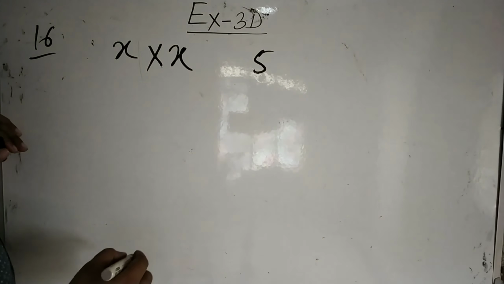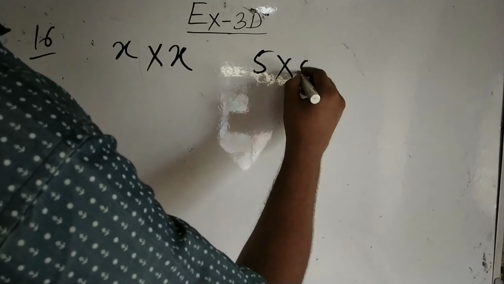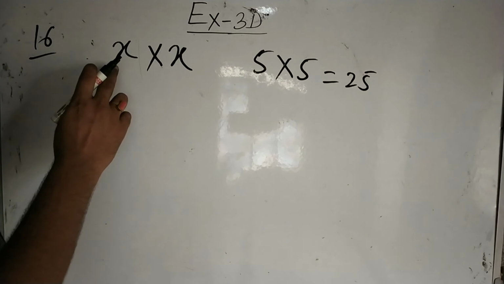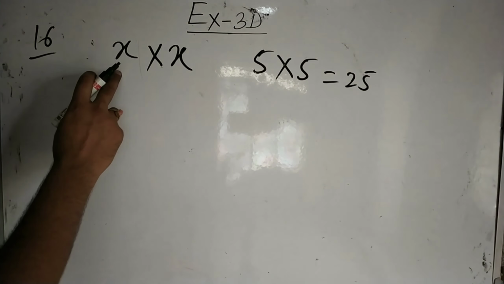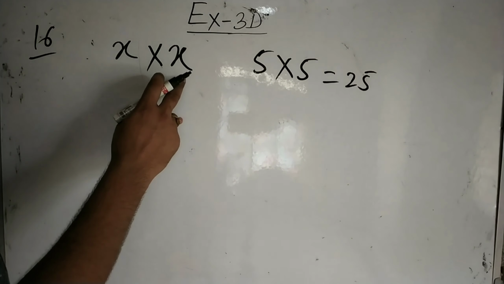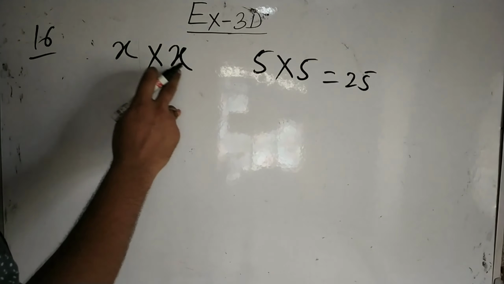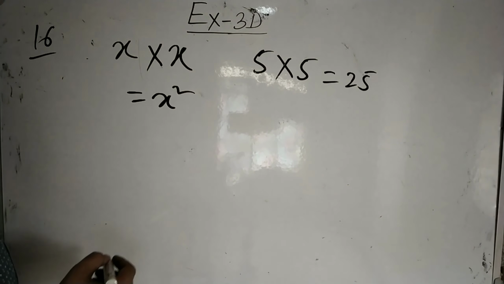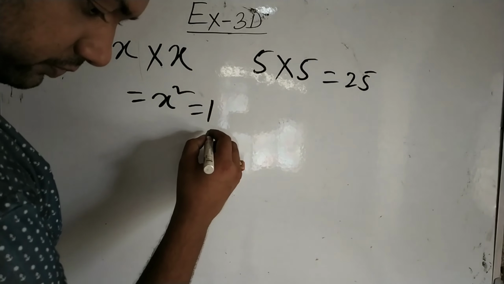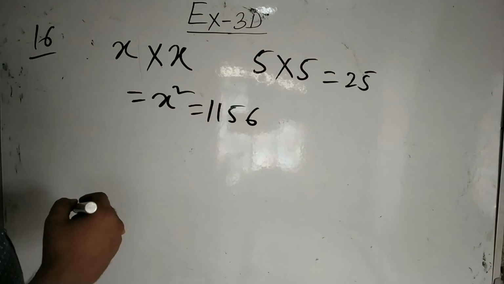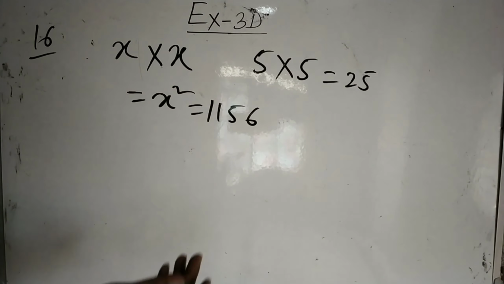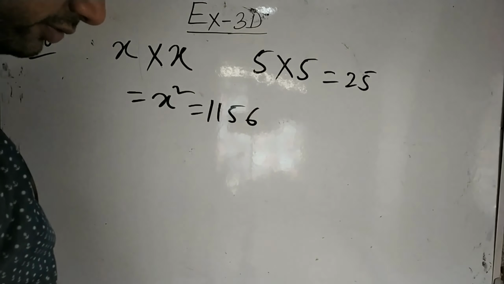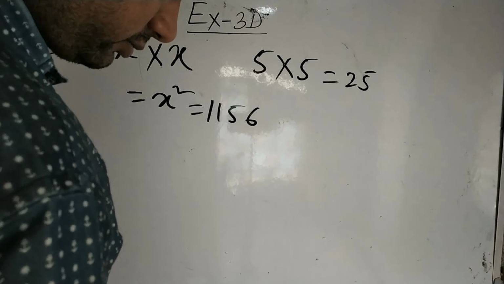If there are 5 students, each student is contributing 5 rupees. So 5 5s are 25 is the total sum. Here we have considered the total number of students to be x. Each of them is contributing x rupees. So the total amount is x into x, that is x square, which is given 1156. So this is your condition, find out x by square rooting 1156. That was the hint for question number 16.